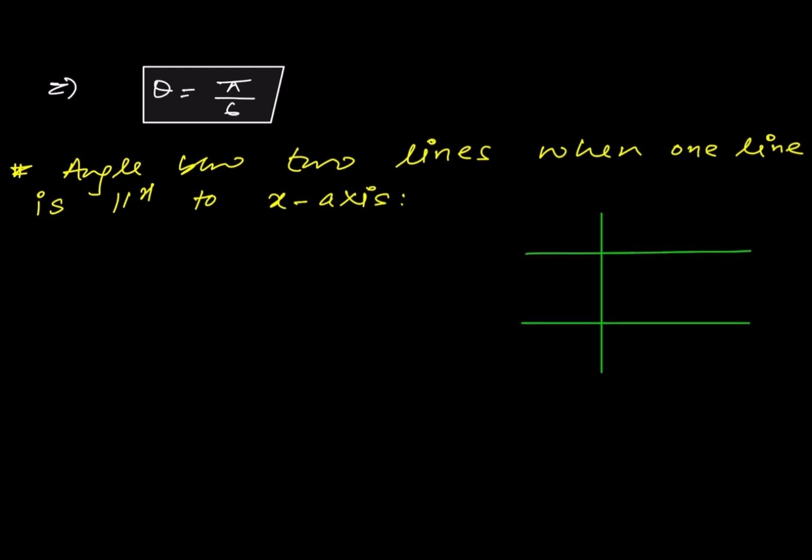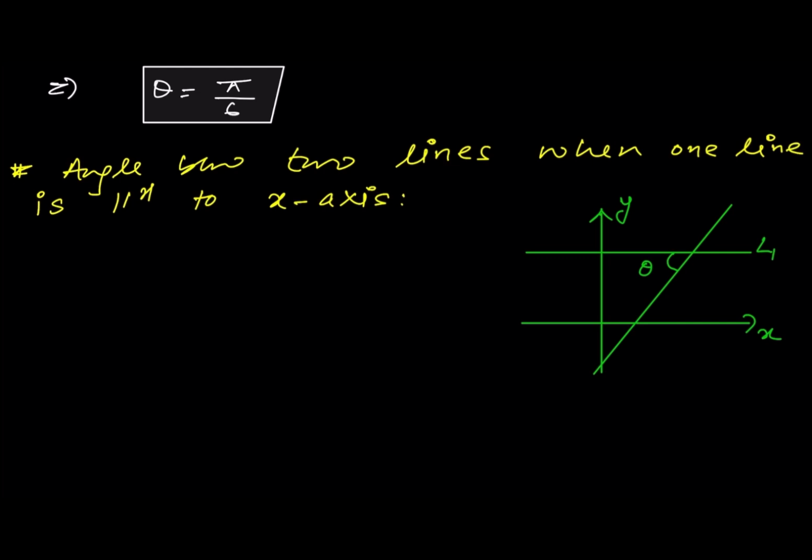Let us understand by this diagram. One line is parallel to the x-axis and the other line is inclined with some angle. So we need to find this angle theta.